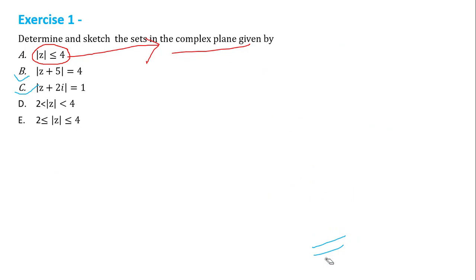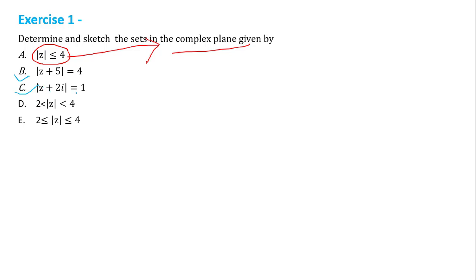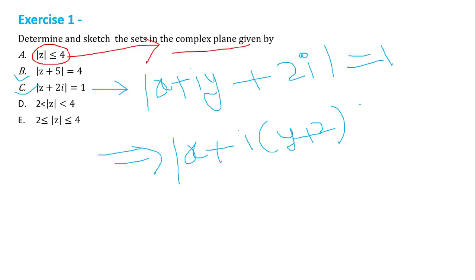Z is x plus iy, and here plus 2i, and this is equal to 1. This implies mod of x plus i times y plus 2 equals 1.